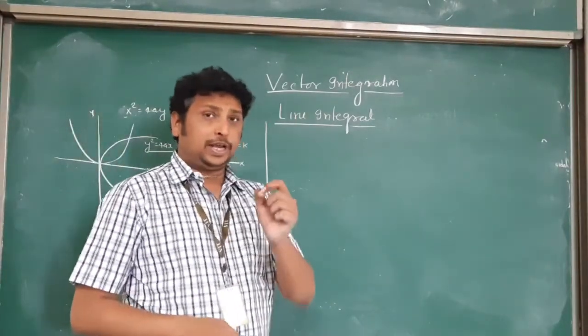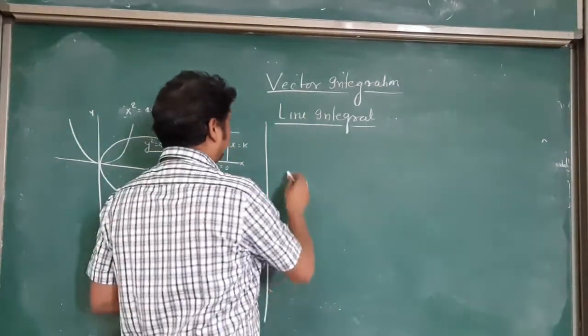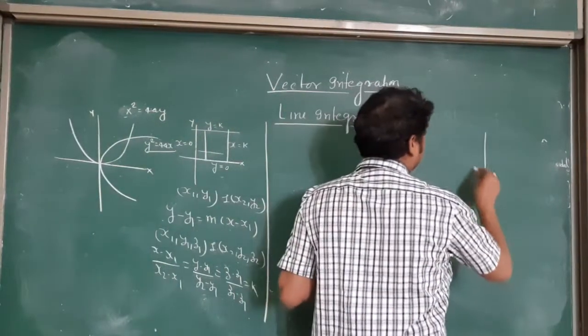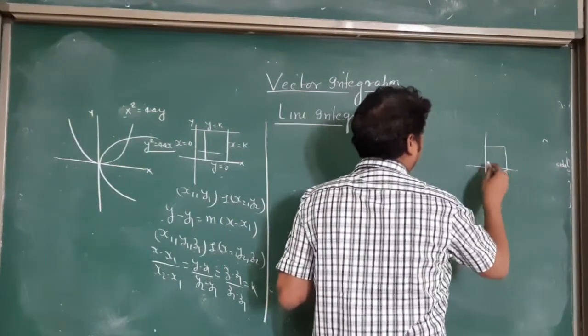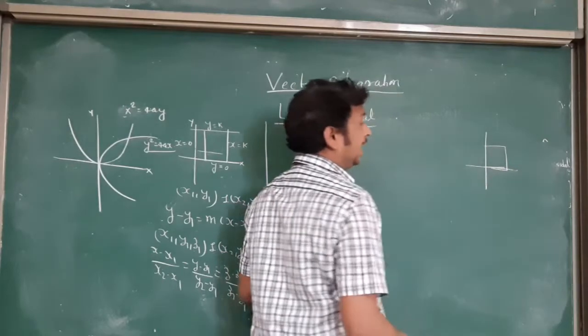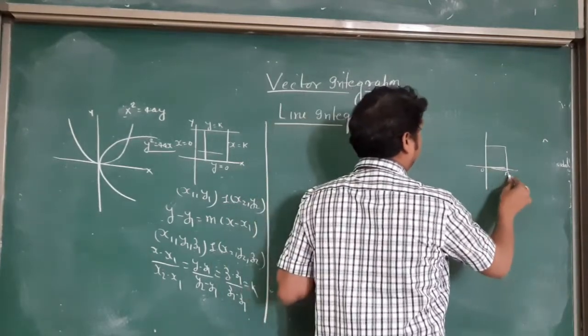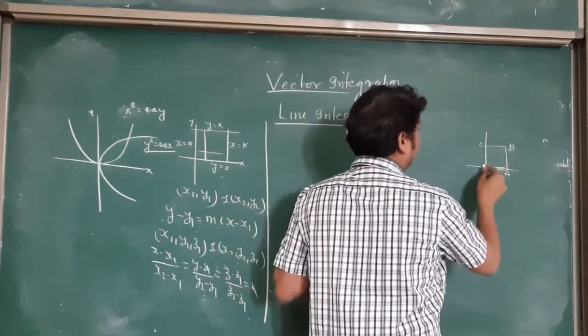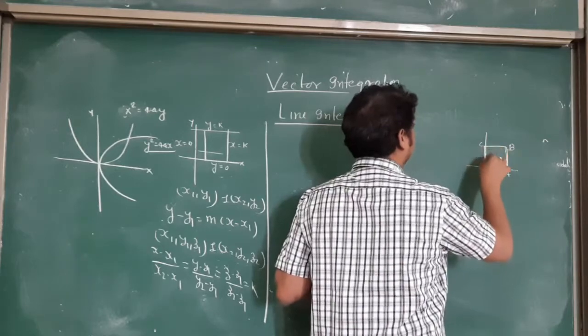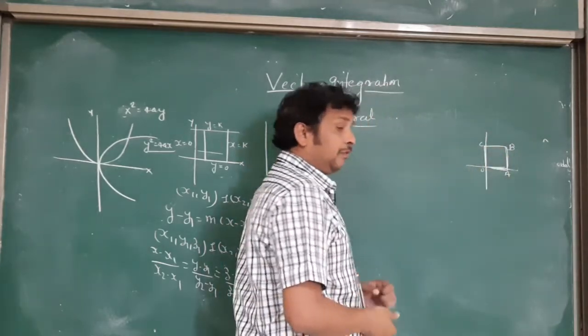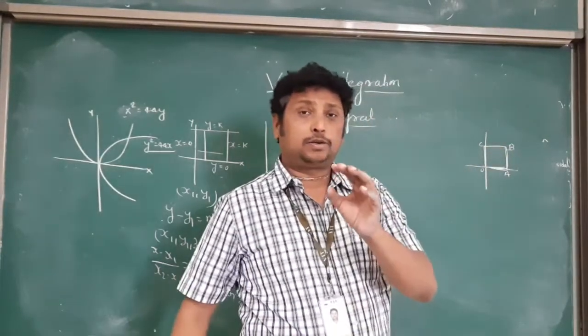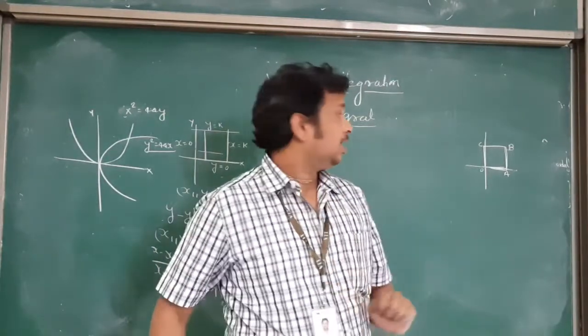Now I will tell about the rectangle. This is a rectangle. How many lines are there in this rectangle? If you see O, A, B, C, here 4 lines are there. So it means we have to integrate how many times? 4 times.